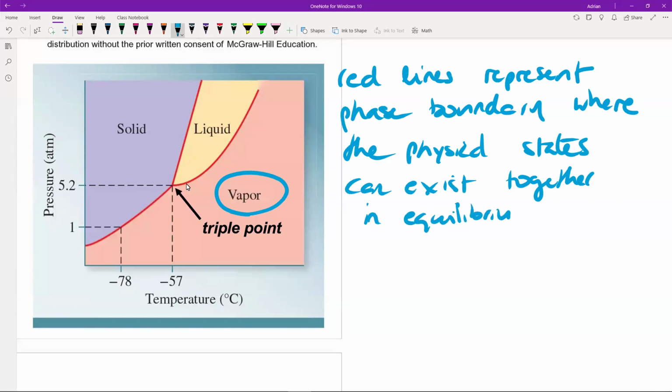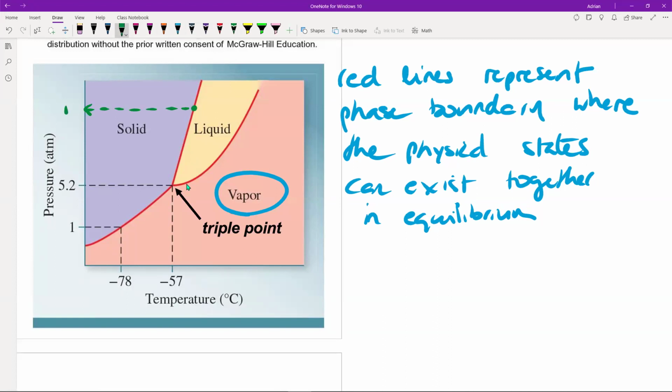So, for example, in this diagram, if you pick any point along the red line, you pick this one here, for instance, in green, this is the point at which the solid and the liquid can both exist in equilibrium with each other.